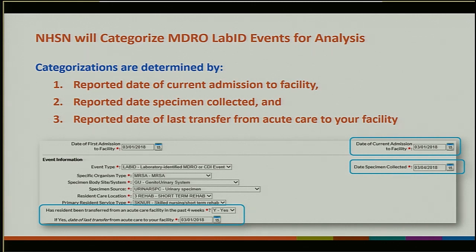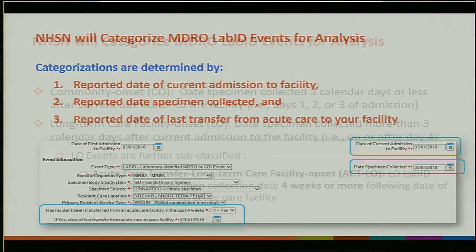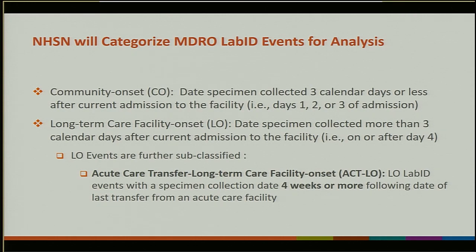Just like CDI, NHSN categorizes your MDRO LabID events, and they're based on your current admission, specimen collection, and your recent transfer from an acute care facility. So these categorizations are exactly the same definition.